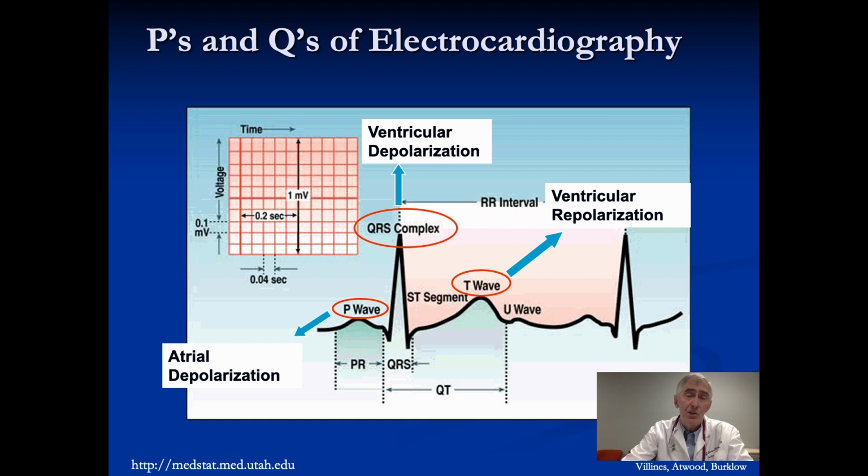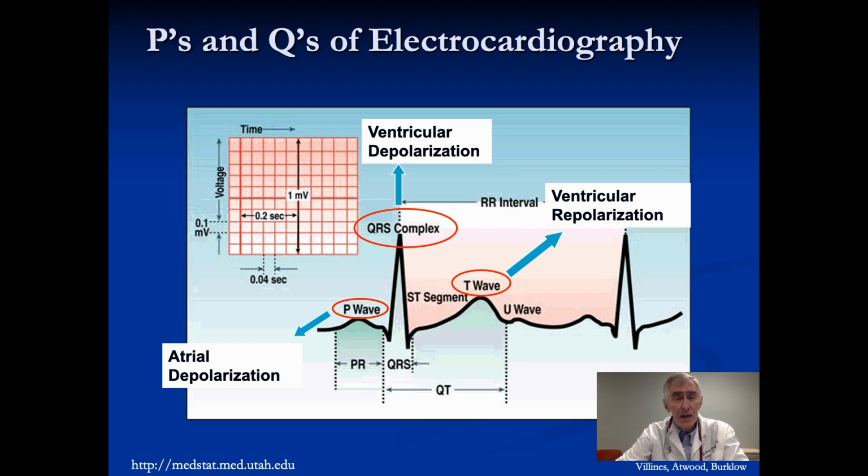Now, because it's so rate dependent, we have what's called the corrected QT interval, and it's a very important interval to remember. 450 milliseconds is probably a nice number to remember and an easy one. If it's greater than 500 milliseconds, then you have to be worried that there could be toxicity or something significantly wrong with the repolarization. Now the segments are different.